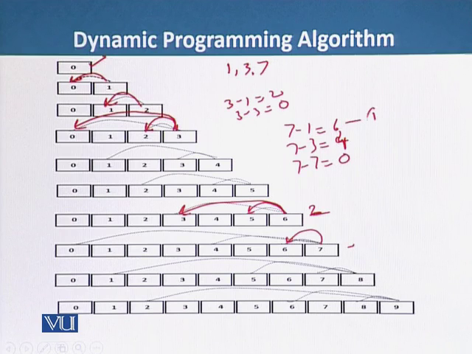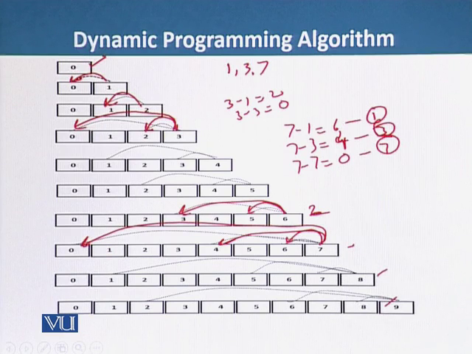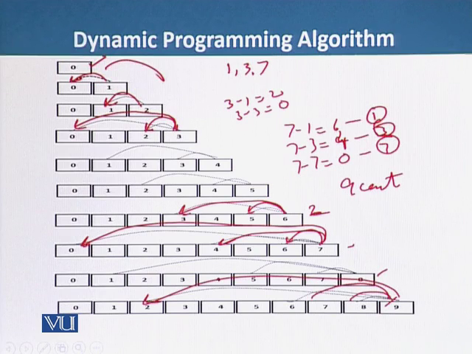Again we have the 1 cent coin, 3 cent coin, and 7 cent coin, and so on. So if we want to compute the 9 cent problem, we can compute it very easily. Instead of going in the other direction, starting from 77 cents, we just started from 0 and ended up with the 9 cent problem, and we can easily compute it.